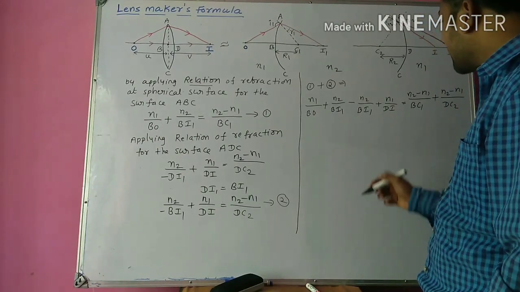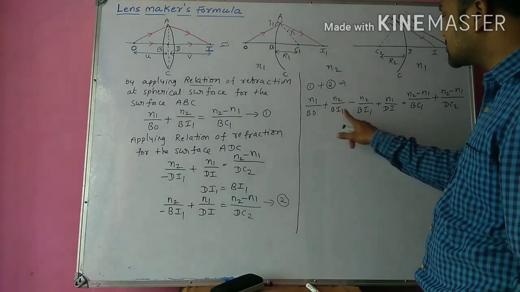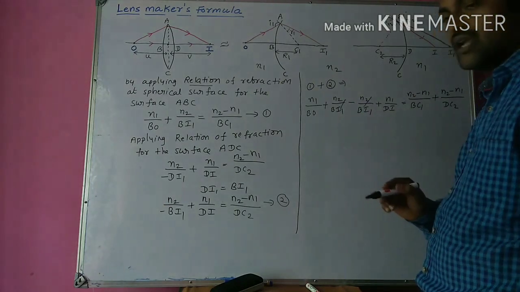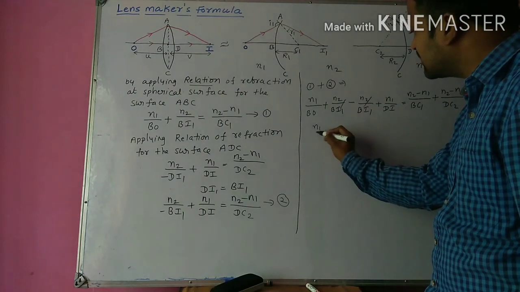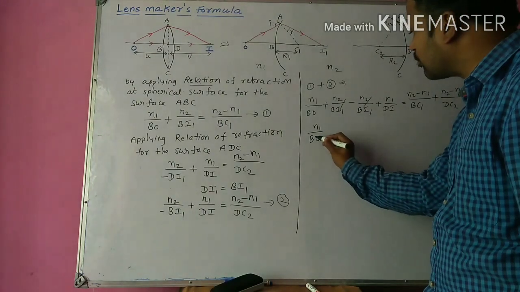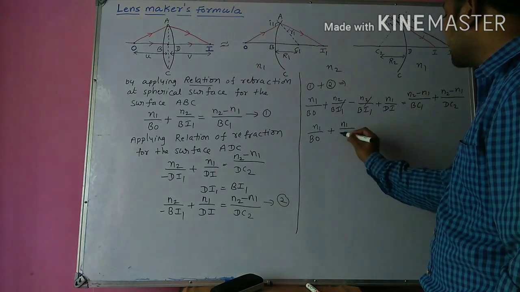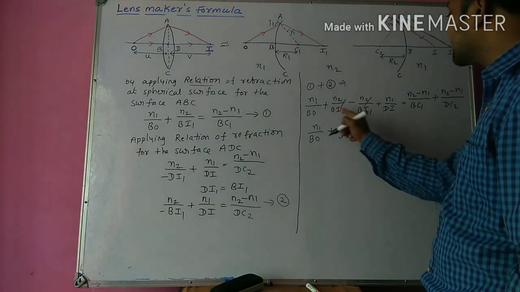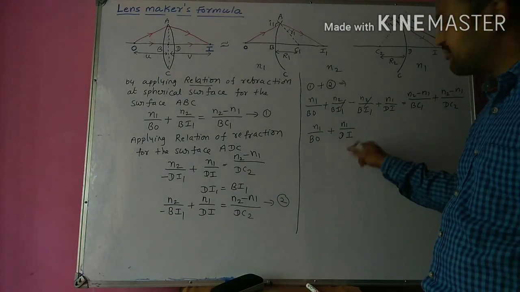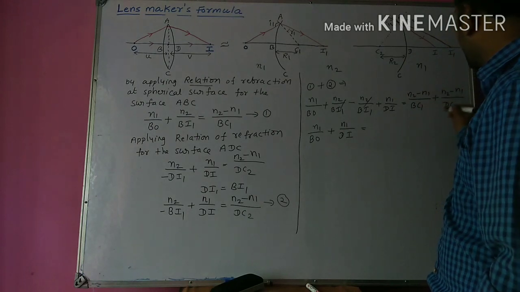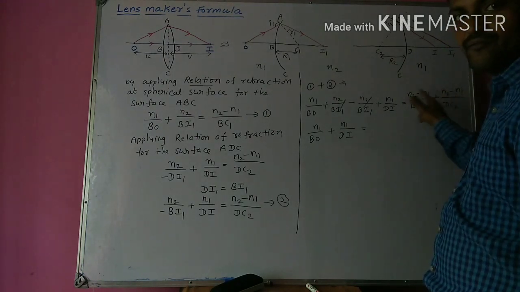Now if you observe, this is N2 by BI1, positive, and this is N2 by BI1, negative, so both get cancelled. After cancellation of these two terms, we get N1 by BO plus N1 by DI is equal to N2 minus N1 common for these two terms.